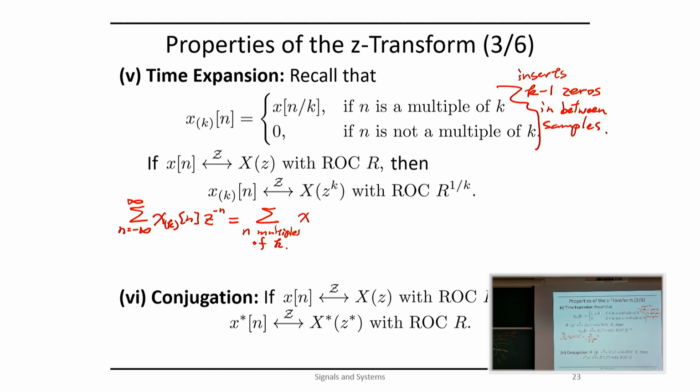And for those values, x_k[n] is x[n/k], times z to the minus n. Now let me do a change of variable where I set m equal to n over k, so that I'm summing over m from minus infinity to infinity, x[m] times z to the minus mk, or k times m.